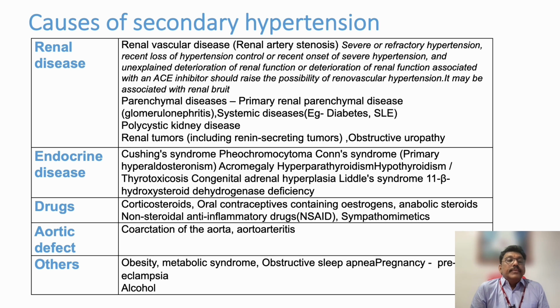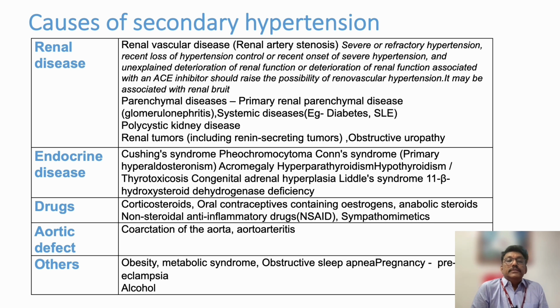Endocrine diseases like Cushing's, pheochromocytoma, acromegaly, Conn syndrome, thyrotoxicosis, hypothyroidism, adrenal hyperplasia, Liddle syndrome. So many conditions can produce secondary hypertension.